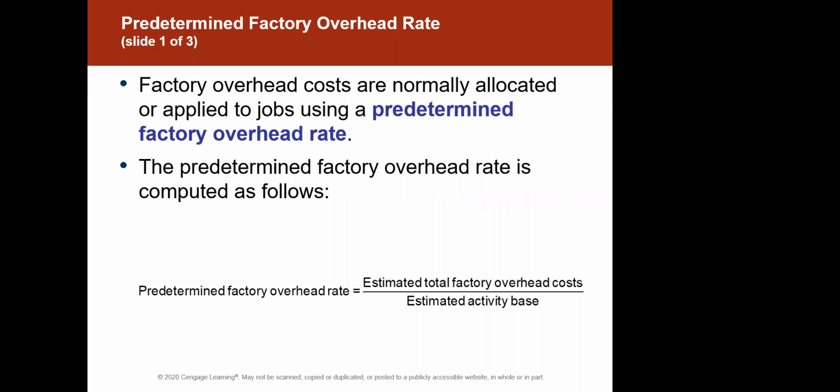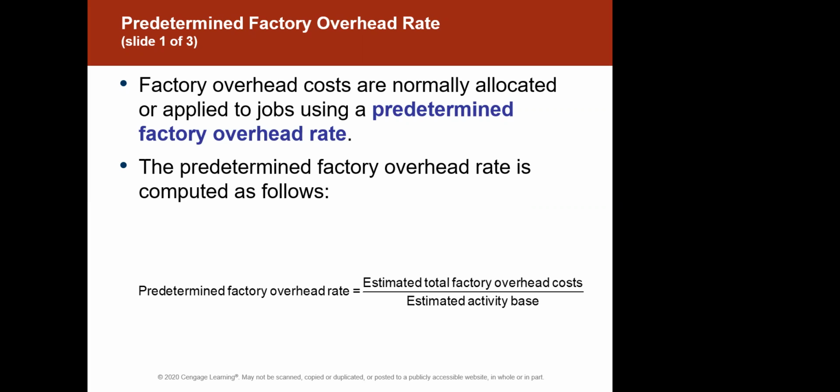So this company's factory costs are normally allocated or applied to jobs using what's called a predetermined factory overhead rate. This is important, predetermined factory overhead rate. Here's how we compute it: the estimated total factory overhead costs divided by the estimated activity base.